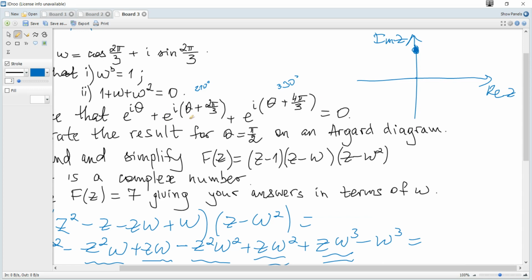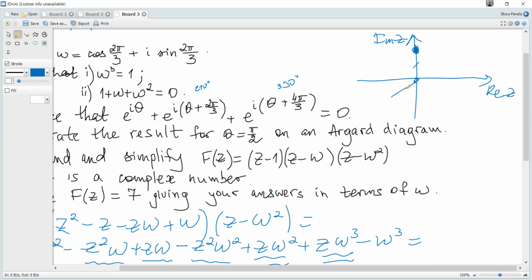And the second complex number, it's e to the power of i, and it's more useful in degrees, multiplied by 210 in degrees. So again, modulus is 1, so distance from origin is 1, and 210, its argument is somewhere in the third quadrant, so it looks like this.